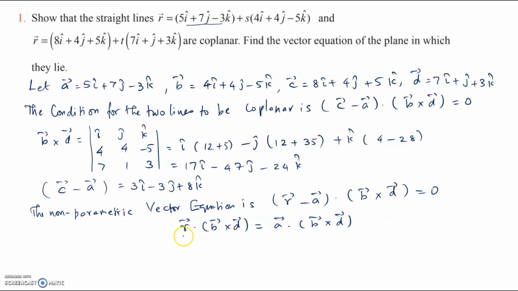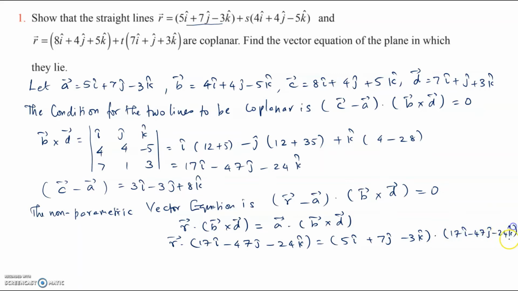So, now let's replace the values here. Our R vector dot product with B cross D, which is 17 i cap minus 47 j cap minus 24 k cap, is equal to A vector, given by 5 i cap plus 7 j cap minus 3 k cap, dot product with 17 i cap minus 47 j cap minus 24 k cap.